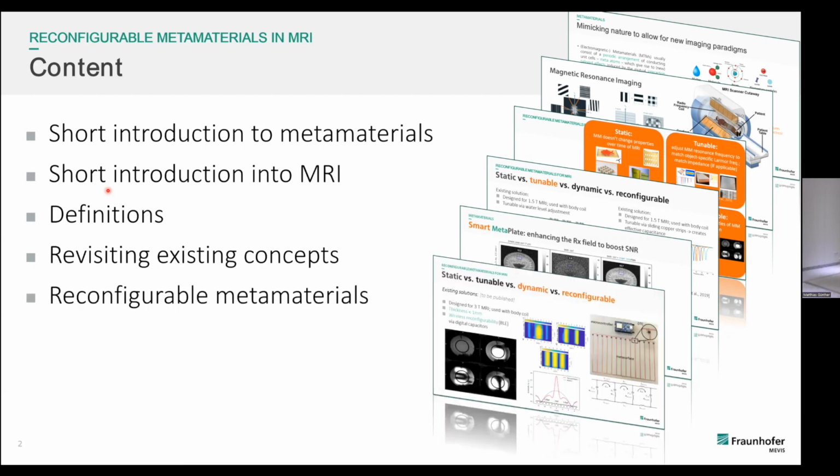And then I will introduce metamaterials which can be changed over time, even after fabrication, and that's what's called reconfigurable metamaterials, and how those can be used in MRI. And we are convinced that that's the only way to make metamaterials really useful for applications.